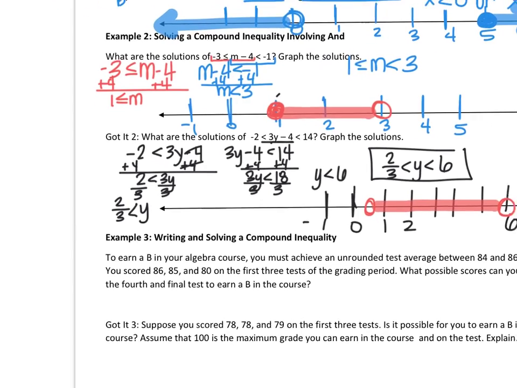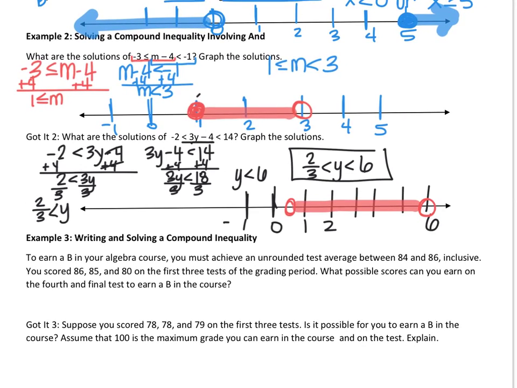Always double check and make sure that shading between the two is going to answer your question though, because sometimes "and"s are shaded different ways. So this number has to be greater than 2/3 but also less than 6, and that is between the two.